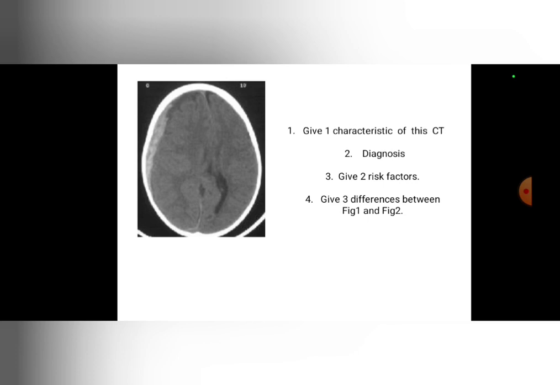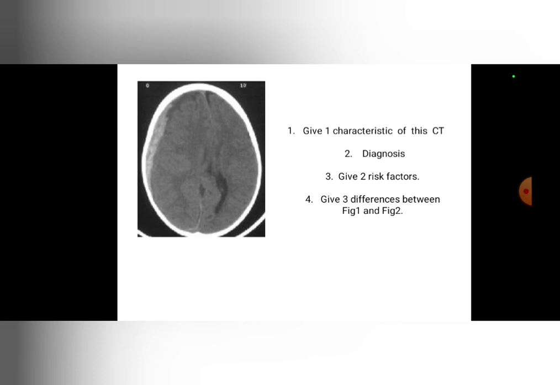So now, what can you identify? What are the characteristics of this CT scan? You can see a crescent shape hyperdensity spanning from the frontotemporal aspect of the head.